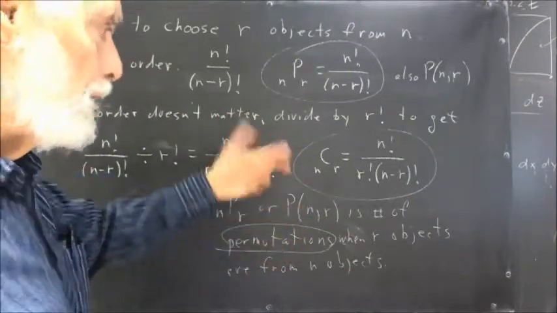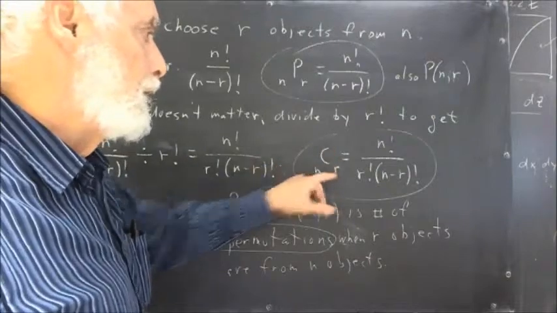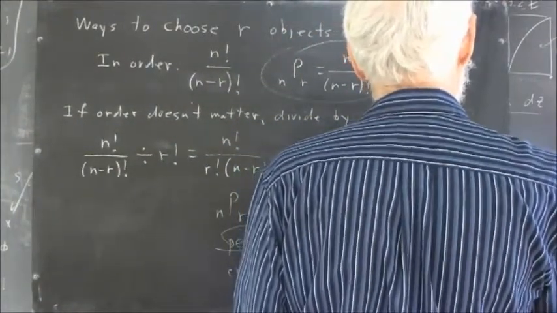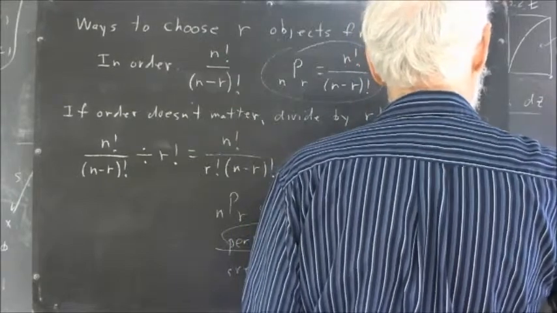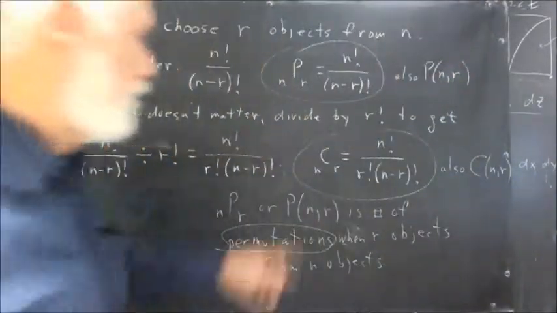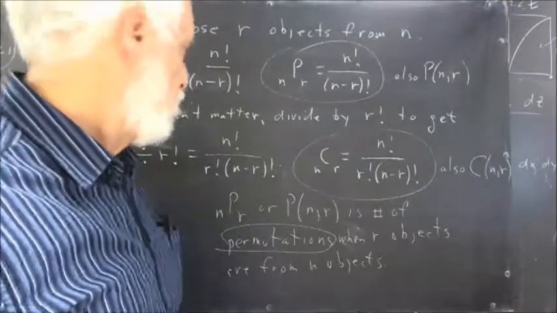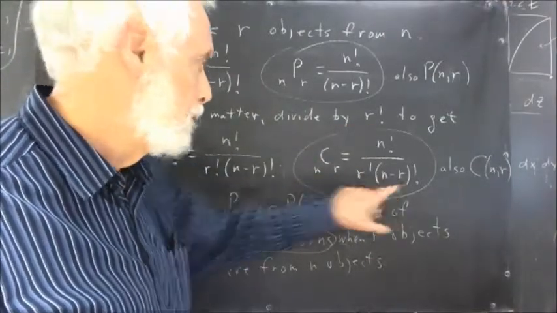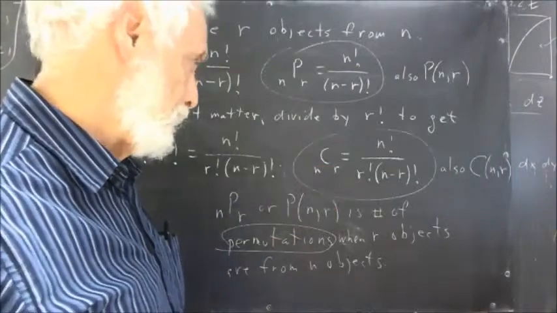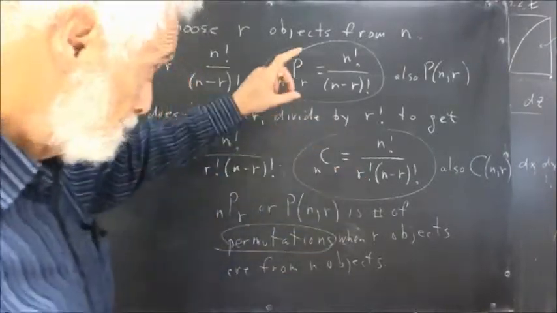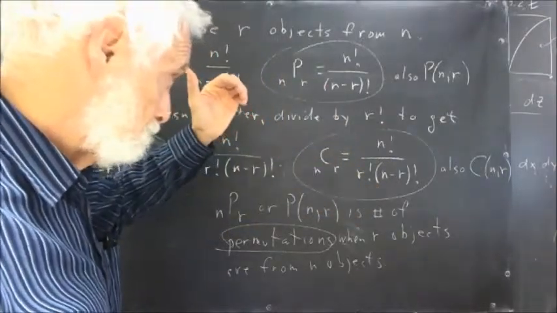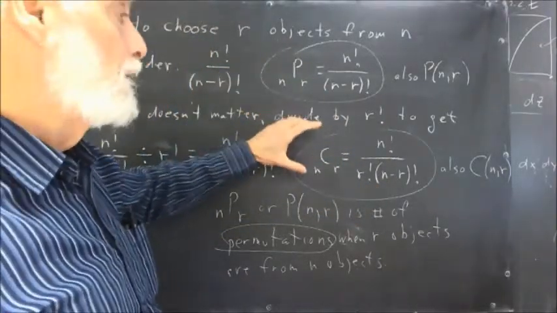And we give that a name. That's N C R, which could also be C of N, R. N C R is just N factorial over R factorial times (N minus R) factorial. C stands for combinations. So this is the number of unordered selections.